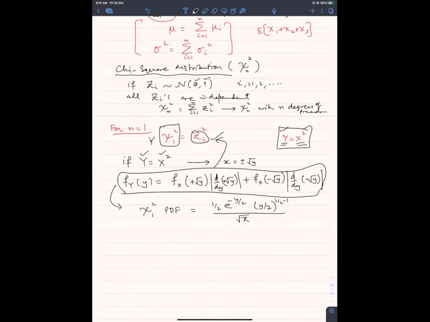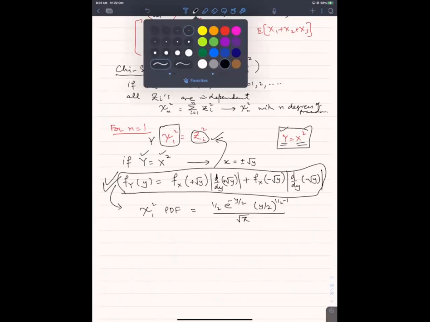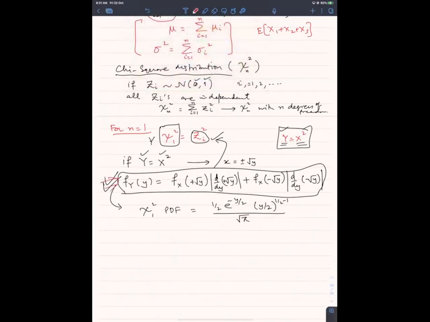You can find out using this expression that the PDF of psi1 square, which is the chi-square distribution with 1 degree of freedom, is this.